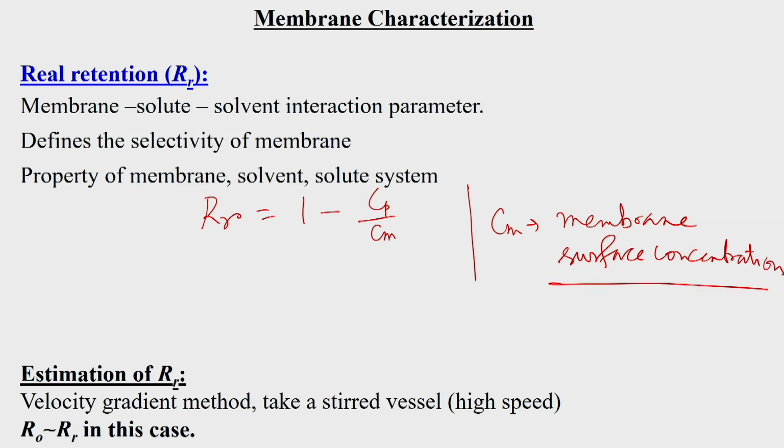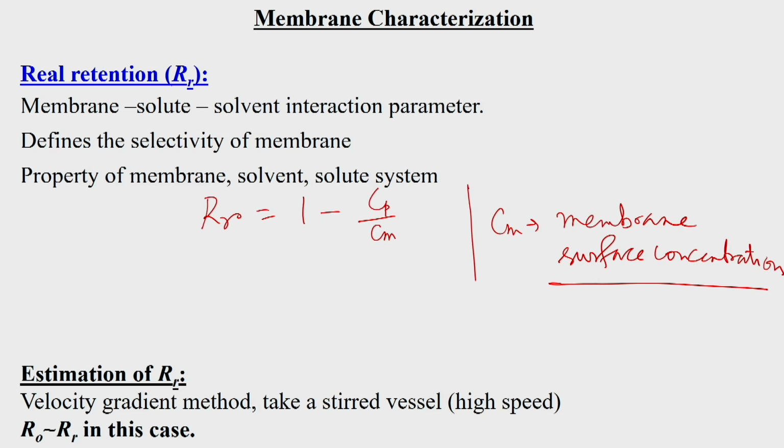So, suppose in the beginning the concentration was C0, but when the process is completed, the solute concentration has increased from C0 to Cm, but Cp is the permeate concentration.